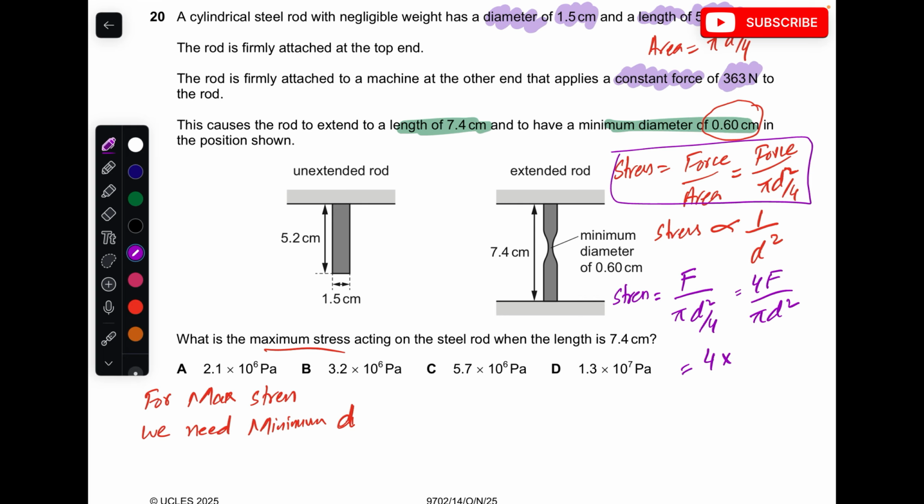So 4 into f is 363, pi will remain there, and this will be 0.006, because we have to change into meters. 0.006, and there is a square on it. So when you solve this value, it will give you 1.310 raised to power 7 Pascal. It is option D that is correct.